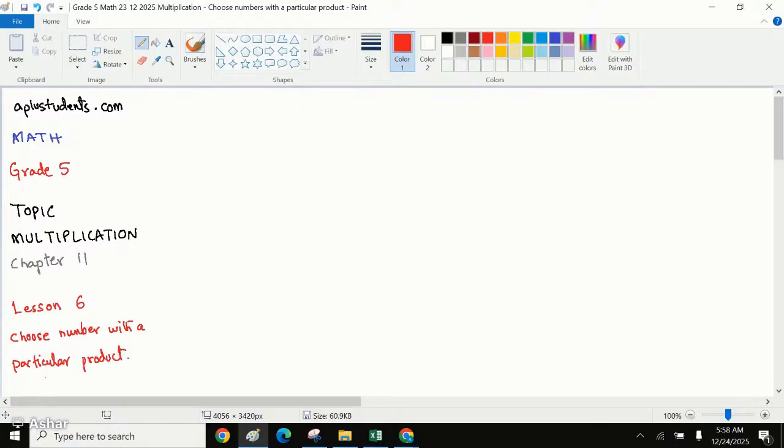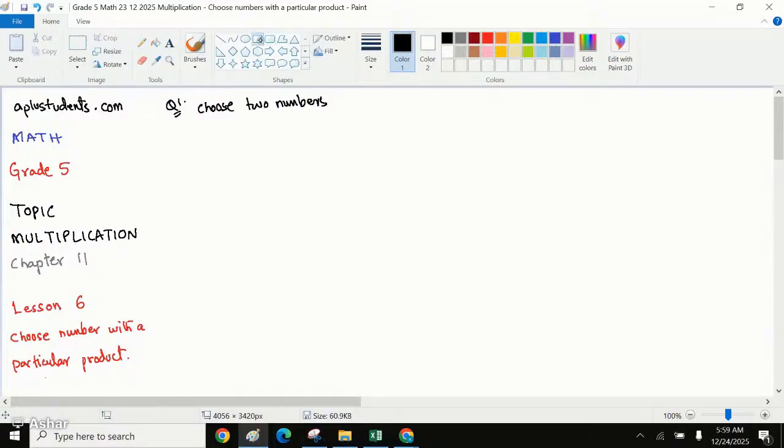Okay, so let's look at the topic since we are in chapter number 11 and lesson number 6. The first question says: choose two numbers from the box to complete the sentence.